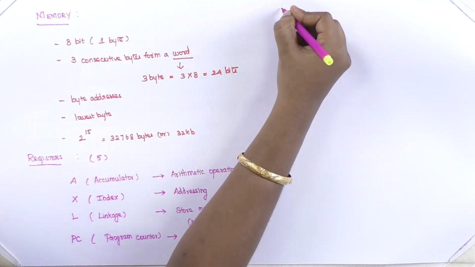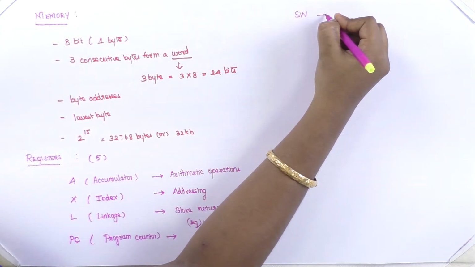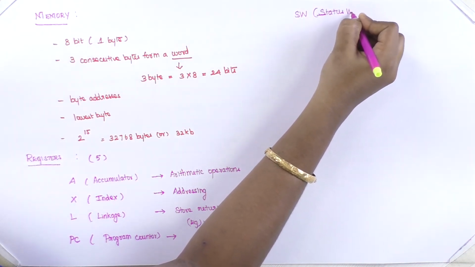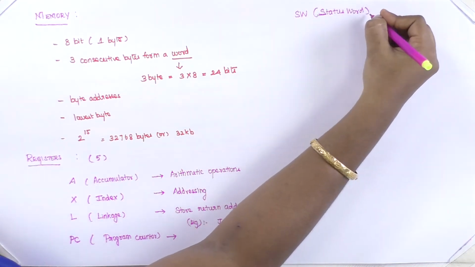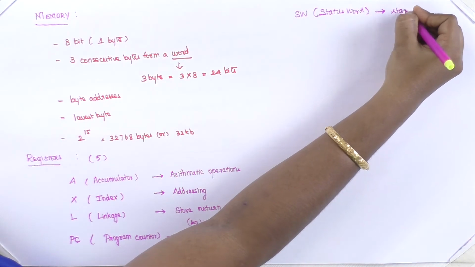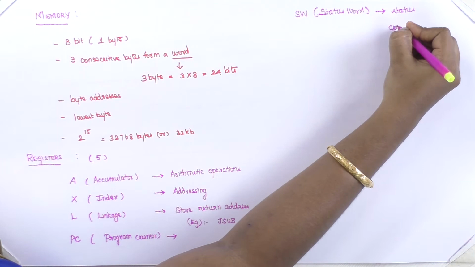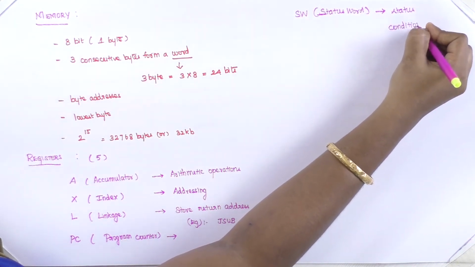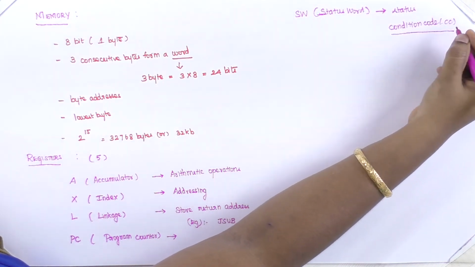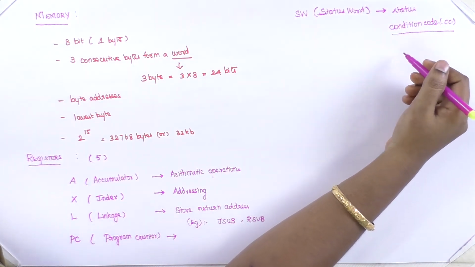Then the last register is SW, the status word. The status word register maintains the current status of the system. It also contains information like the condition code. Condition code is nothing but a code generated when a condition is used.